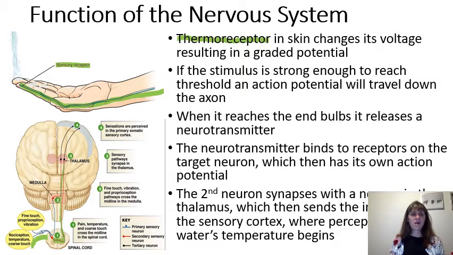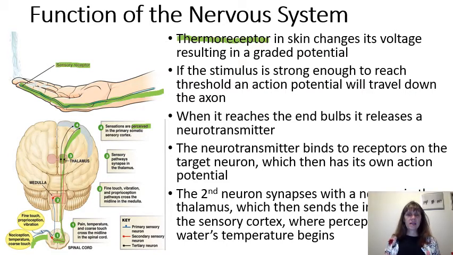It will travel all the way up to an area of the brain called the thalamus, where it will again synapse with another neuron, and this neuron will have an axon that will go all the way up to the primary somatosensory cortex, which is where the sensation will be perceived.